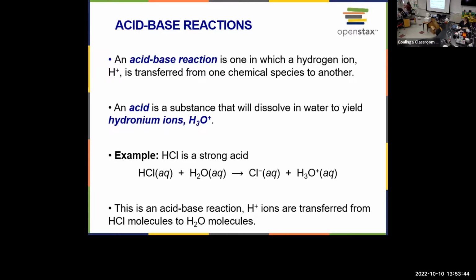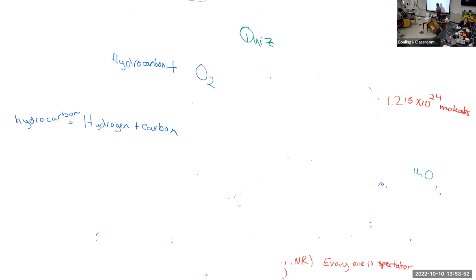Anytime you have a combustion reaction, you are getting rid of carbon dioxide.